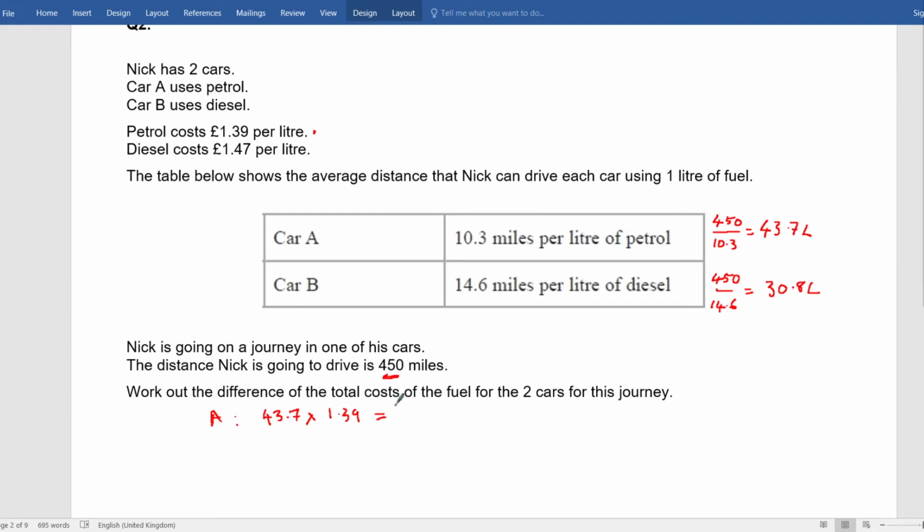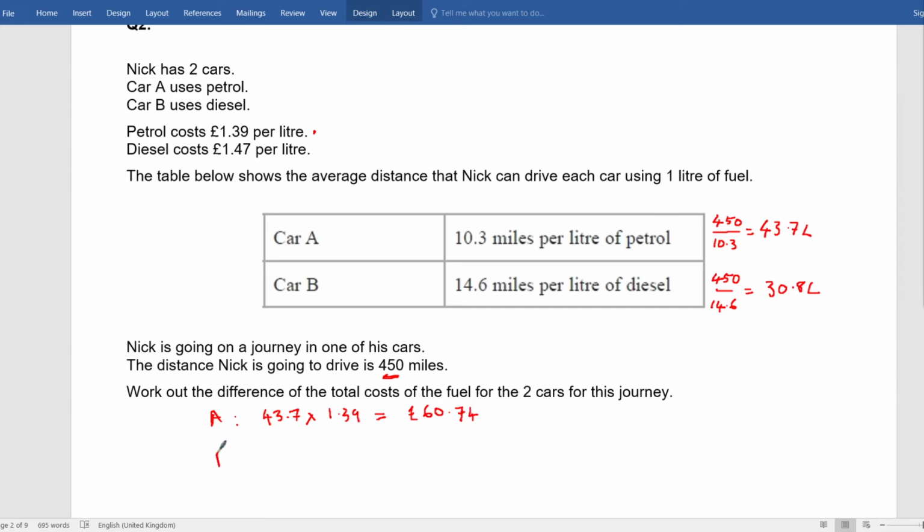So the total cost using car A is going to be 43.7 times 1.39. That's going to give us, and don't forget money, we round it to 2 decimal places, so that's going to give me a total cost of £60 and 74 pence. Okay.